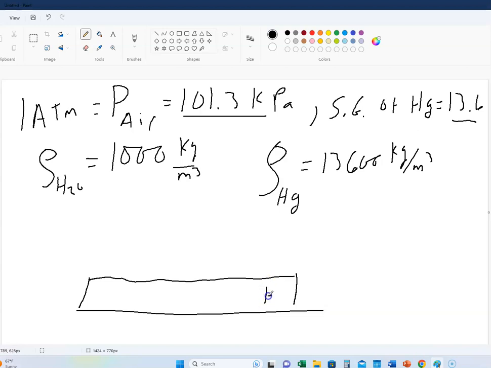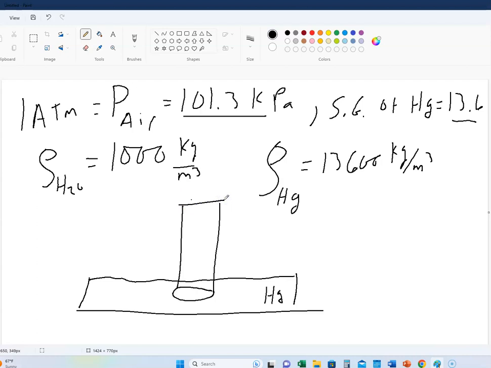This is the Hg, and he takes his test tube, which is only open on one side, and he flips it over, and so this is the opening right here, and this is closed right here.